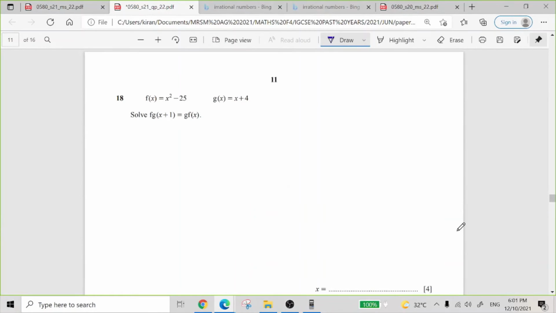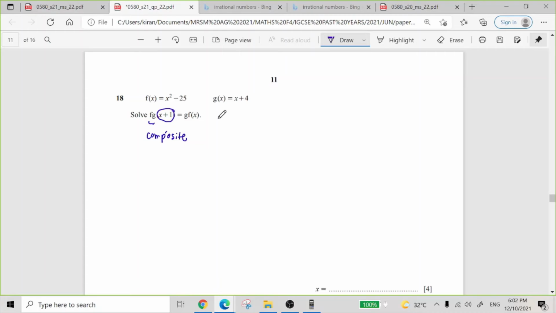This one is under the topic function. We have the function f(x) equal to x squared minus 25, and g(x) equal to x plus 4. Solve the function of fg. This part is the composite function fg, and then we substitute the input x plus 1 into this composite function, and then we equate it to the composite function gf(x).